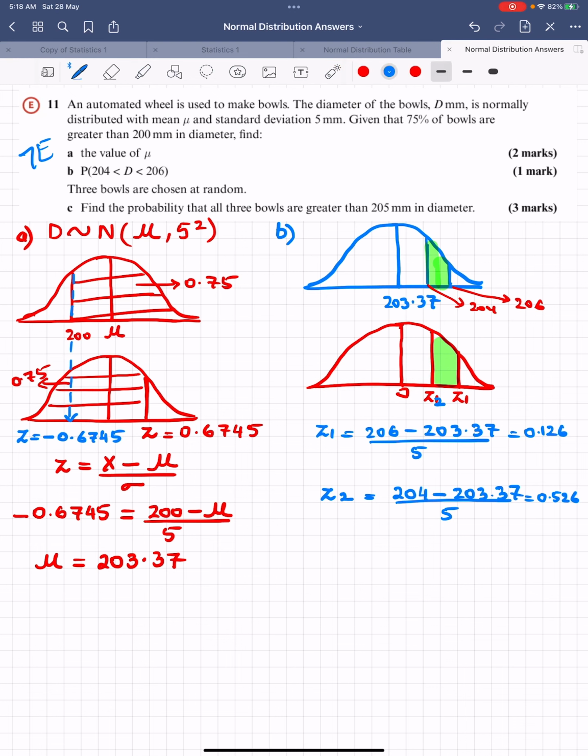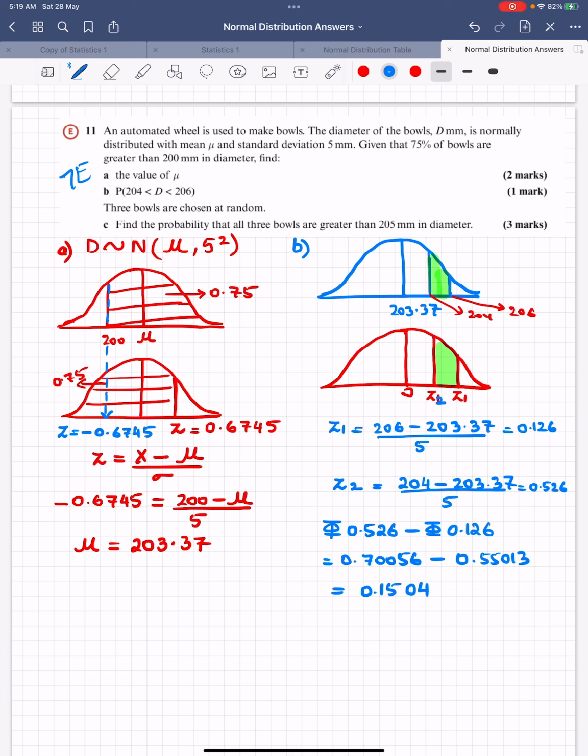So we have the probability of 0.526 minus the probability of 0.126, which is 0.70056 minus 0.55013, equal to 0.1504, and that answers question B.